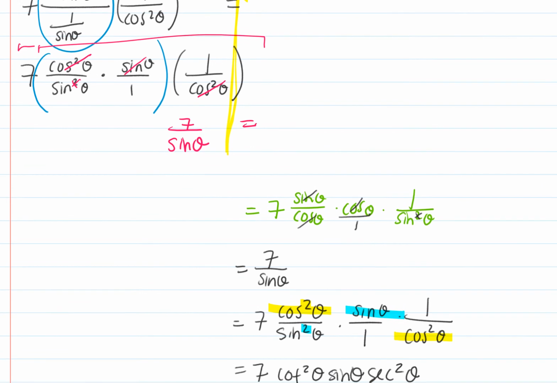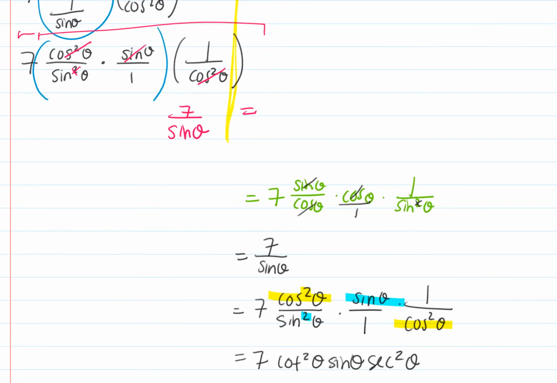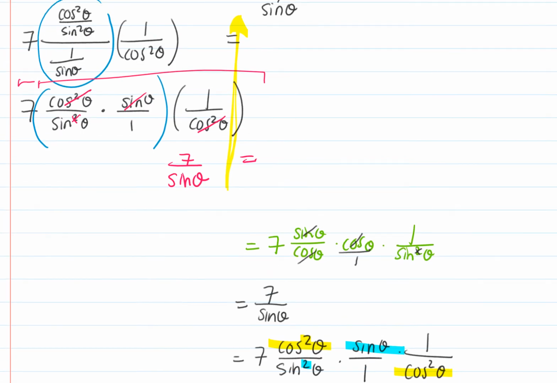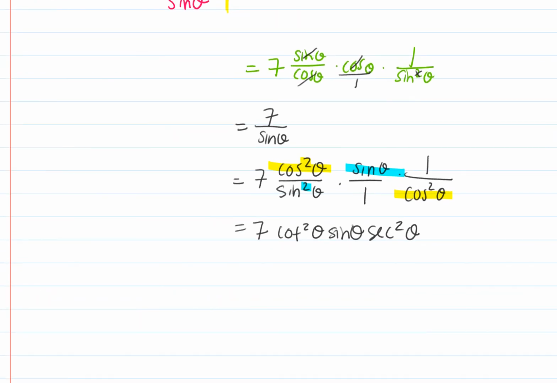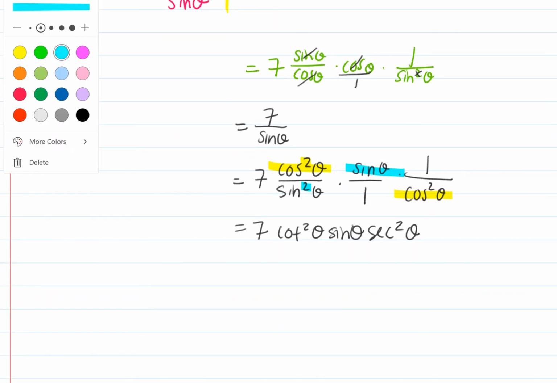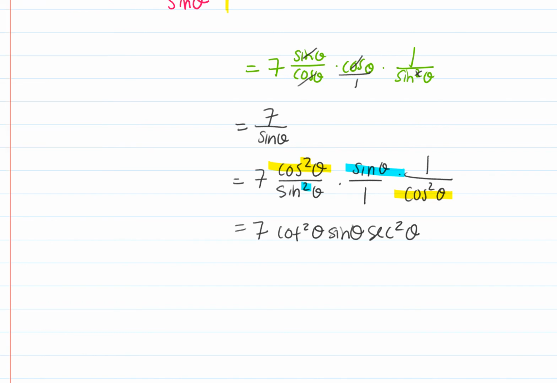If we're working backwards, we're going to leave this 1 over cosine squared theta bit alone because that gave us the, looking back at my original problem, this is in my original problem, so that's good news. And this is in the original left-hand side of the equation, so that is good news. And so let's just deal with this cotangent squared theta times sine of theta.